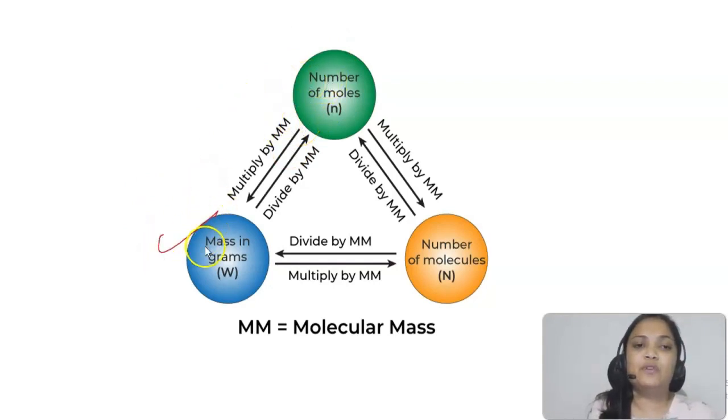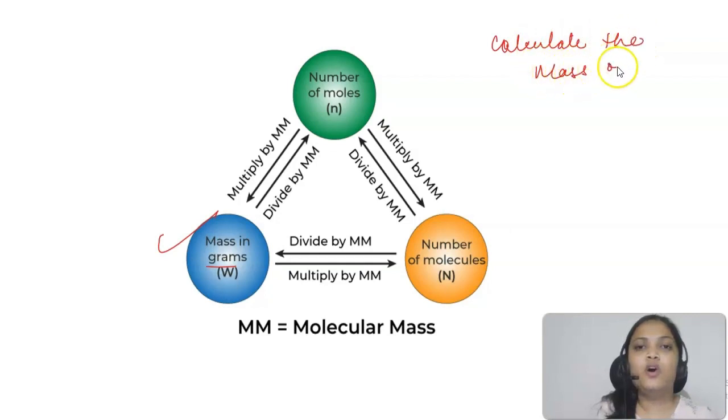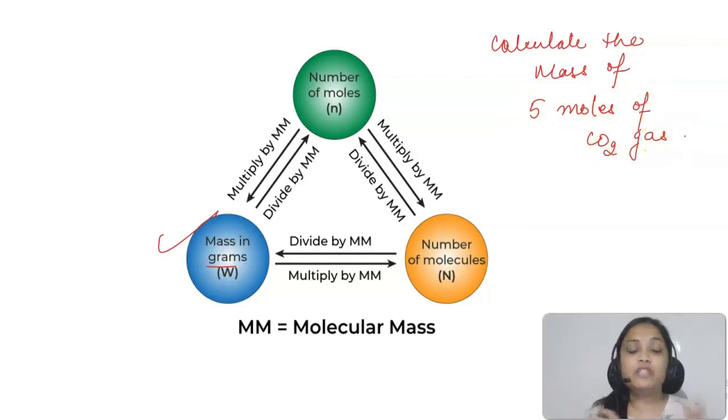Let's say you have to calculate the mass in grams. The question will be: calculate the mass of 5 moles of carbon dioxide gas. I'm just giving you an example of how to use this flow chart.